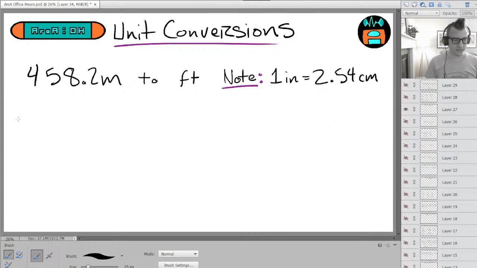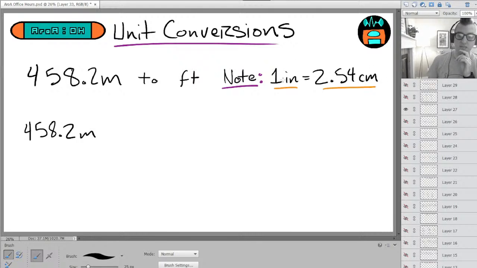Now, let's look at it. What am I doing here? 458.2 meters. Now we know that our key unit conversion takes us from centimeters to inches. We can get from inches to feet. So our first step needs to be getting from meters to centimeters. We want meters in the denominator so that they cancel and we're left with centimeters.